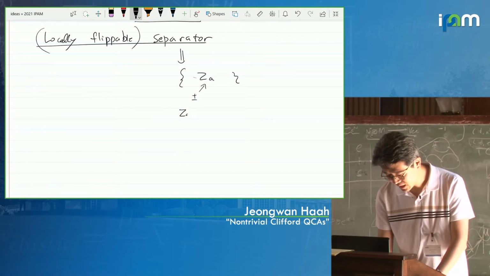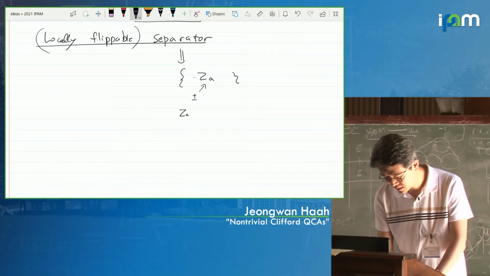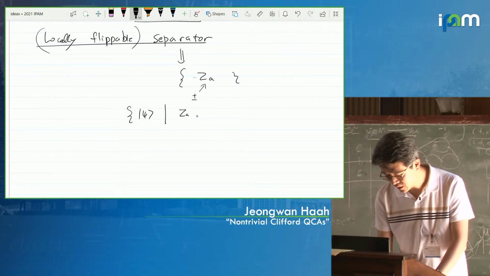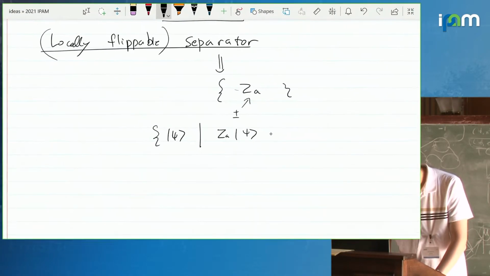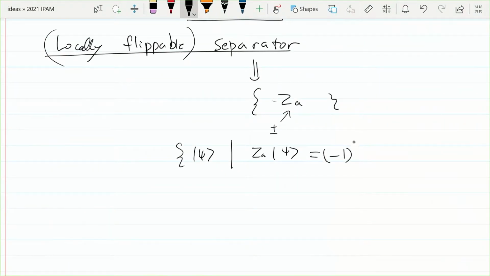So I think of a subspace where the eigenvalue of this is some given number. So the assignment of eigenvalues f determines some subspace, the common subspace of this. Oh yeah, I forgot.